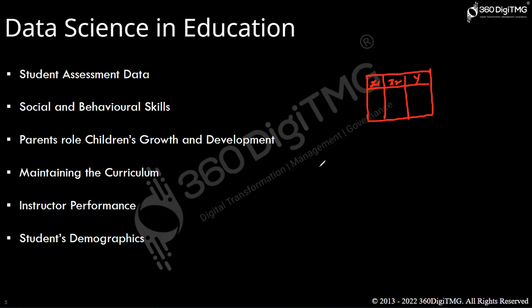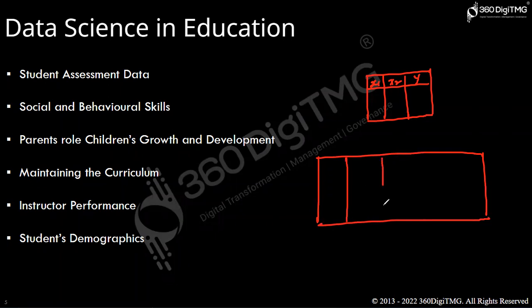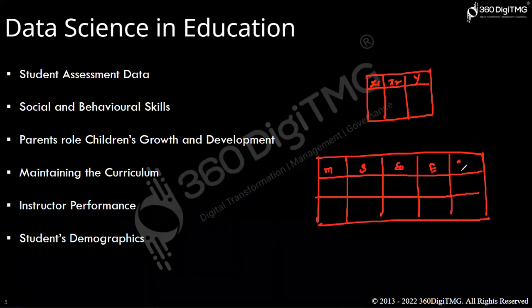So what can we expect here? I am going to have all the subjects, like maths, science, social, English, maybe any other language. Now, if I have all the subjects here, I can get an aggregate percentage.